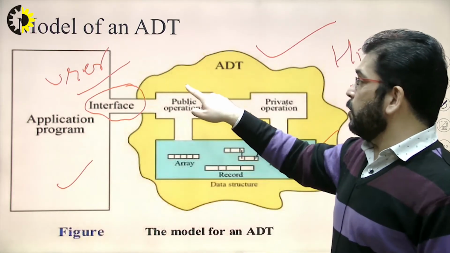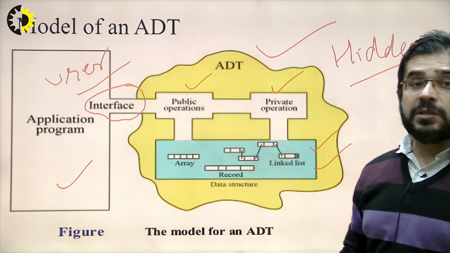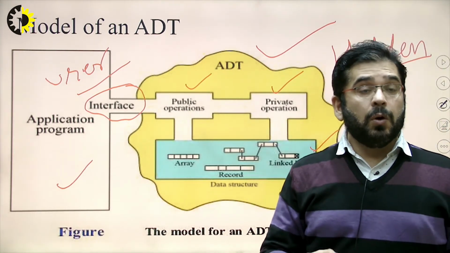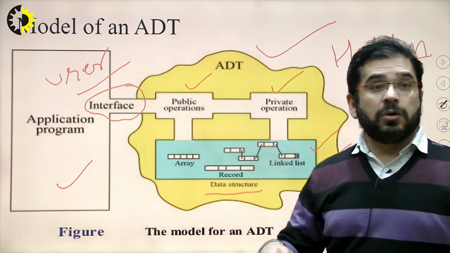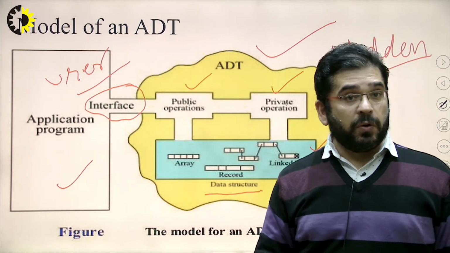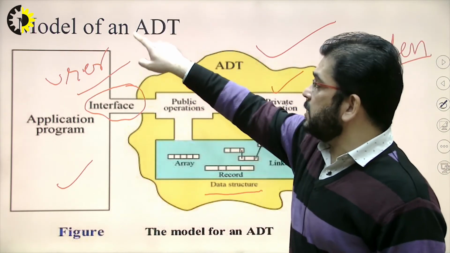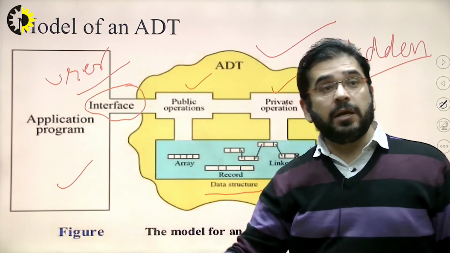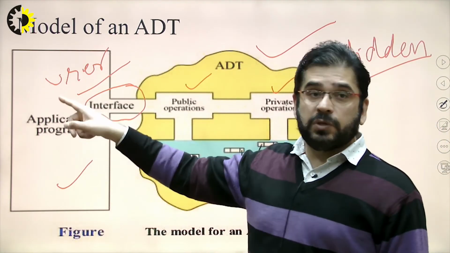What kind of public operations are being performed on the data structure, what kind of private operations are being performed on the data structure, or even what kind of data structure we are using. So array data structure, simple record data structure, linked list data structure, all these technical details are hidden from the end user of the program or the application program which the user is using.